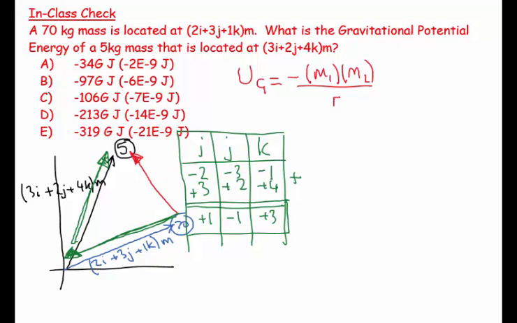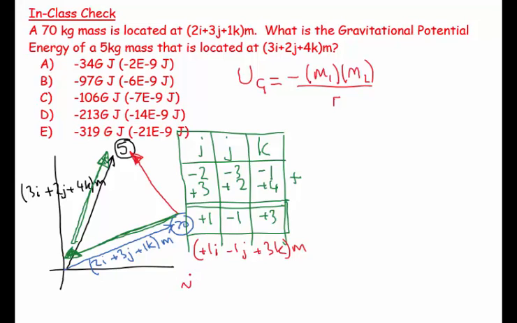Maybe I should write it in red. Plus 1i minus 1j plus 3k meters. Okay, well, at least I know the vector pointing from the 70 to the 5. But what I really want for this equation is the actual magnitude of that vector. I want the physical distance. That's not hard at all.